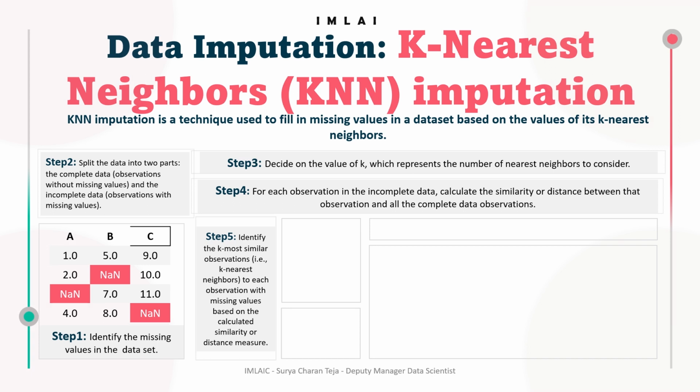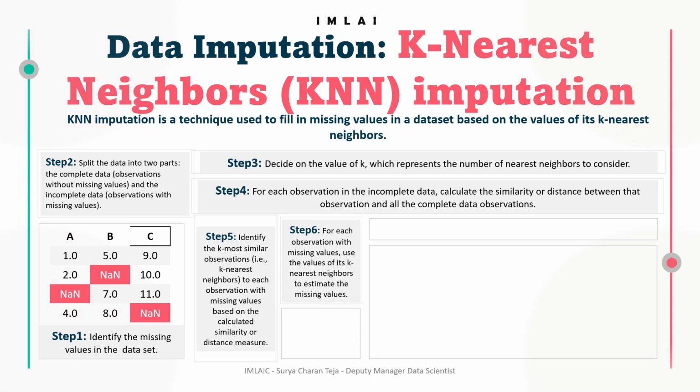Then once step 5 is done, after identifying the K nearest neighbors, we need to estimate the missing values. For each observation with missing values, use the values of its K nearest neighbors to estimate the missing values. This can be done by taking the average, median, or weighted average of the values of the K nearest neighbors.